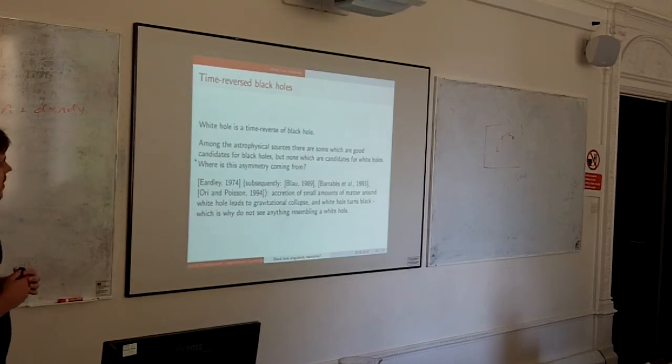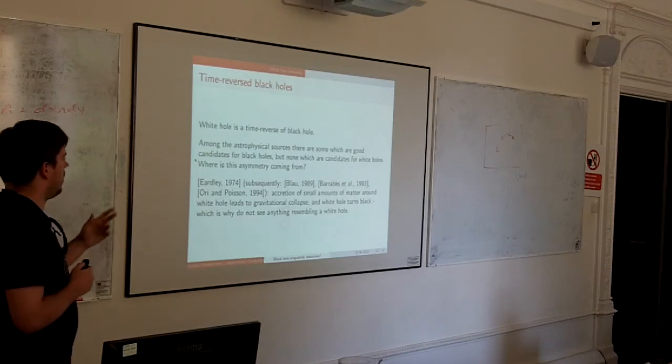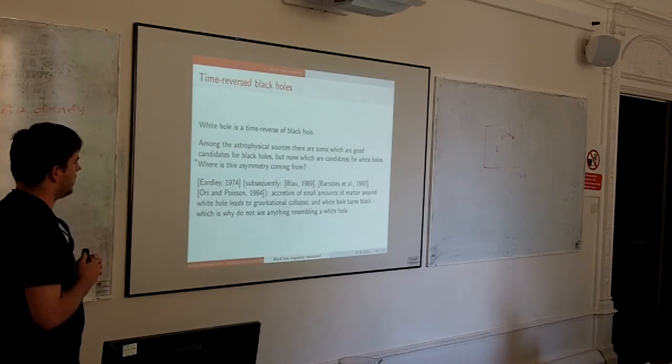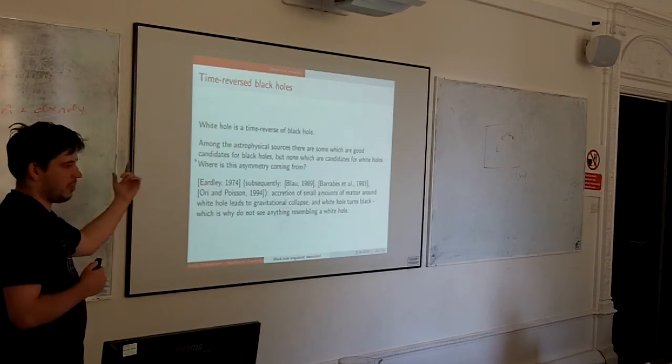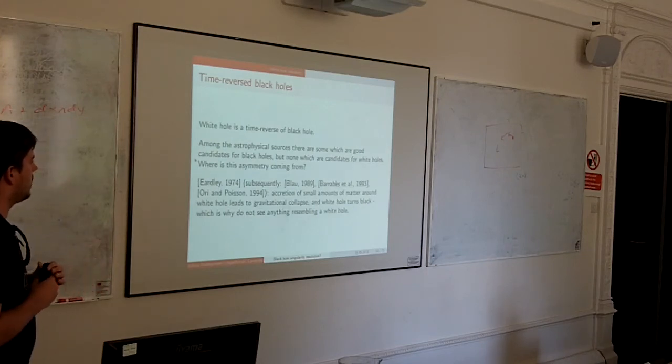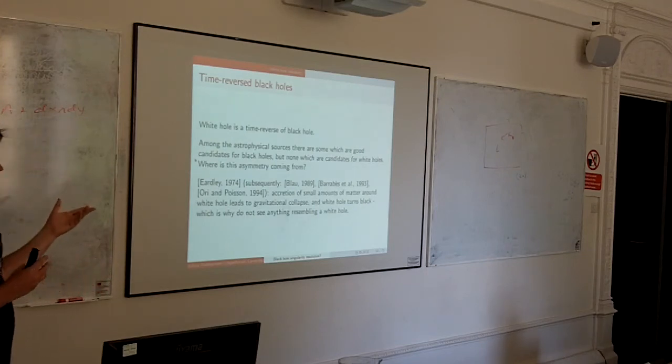And interestingly, one can suggest a sort of dynamical explanation for this. It was first proposed, as far as I know, by Eardley in 1974, and subsequently elaborated by further work. Eardley considers a situation where we have a black hole, which forms at some point, but not all parts of it form at the same time.